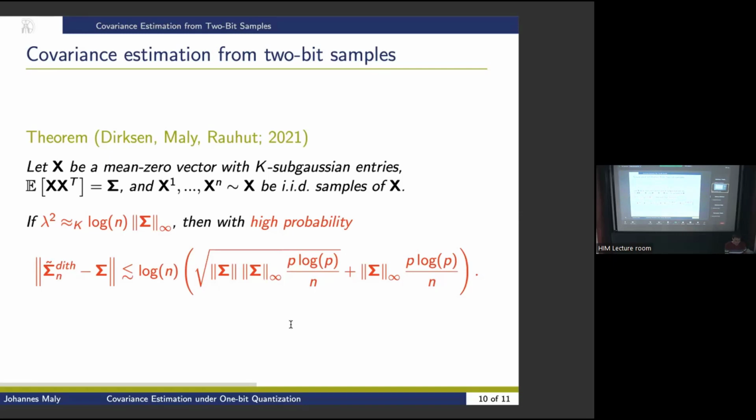And in fact, if you are familiar with literature on this, the p times sigma infinity norm is not the optimal thing you would expect from Gaussian estimation via the sample covariance matrix. There the effective rank would rather pop up, which is a nicer quantity because it becomes small if you have low rankness.